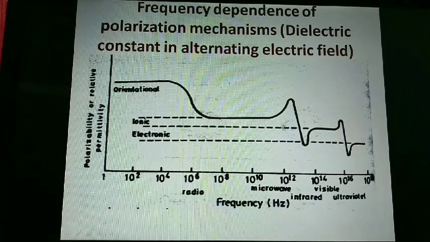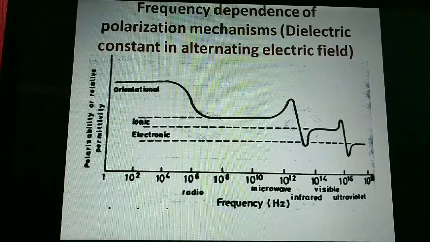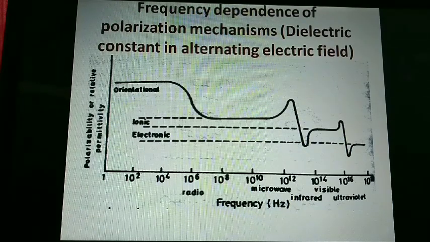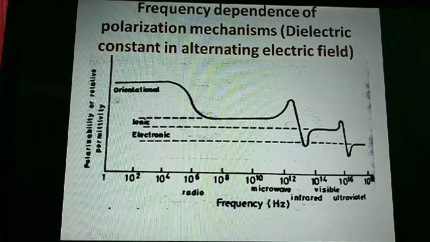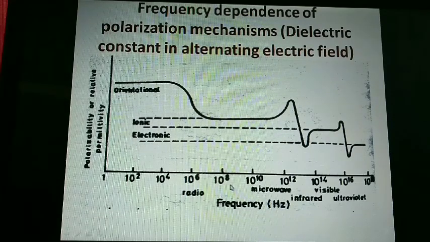Whereas in the middle range between 10 power 6 and 10 power 12 Hertz, only ionic and electronic polarizations are possible, and beyond 10 power 12 Hertz in a given material, the electronic polarization can sustain. So this is how the relative permittivity or polarizability depend on frequency in an inverse manner.